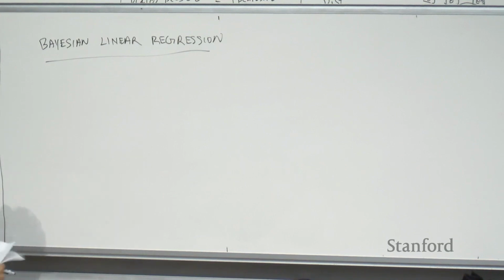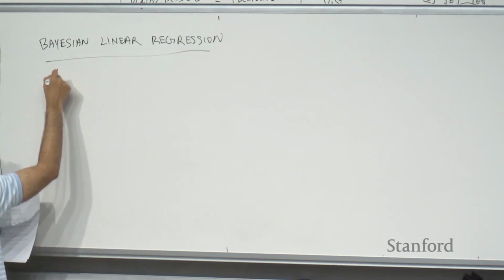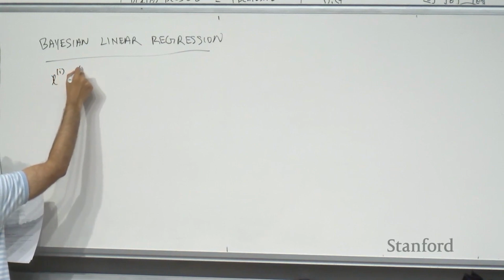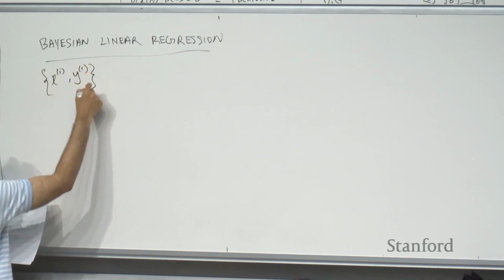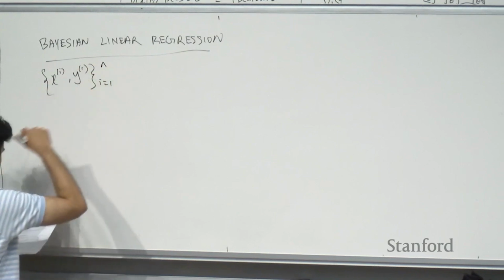So again, in Bayesian linear regression, we start with a training set (xi, yi), i equals 1 to n. This is a full training set.